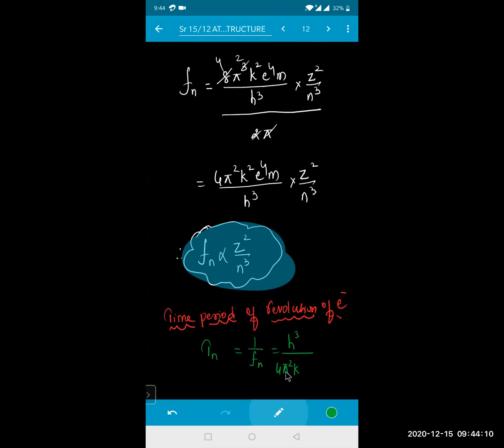So it is pi square e to the power of 4 into m, h cube goes up, into this will become z square divided by n cube. That means reciprocal, sorry. That means this will become n cube divided by z square. Is that clear?